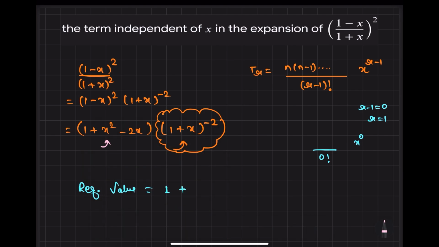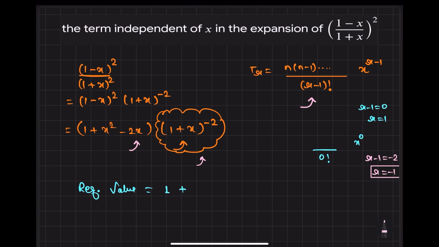Suppose that x square wants to fight, so from here x to the power minus 1 will come. So x to the power minus 1 means r minus 1 should be minus 2, so r should be minus 1. You know that r cannot take minus 1 because this thing will become undefined. So nothing. Then I want this person to fight. If x will fight, he will fight with whom? x power minus 1. Correct?